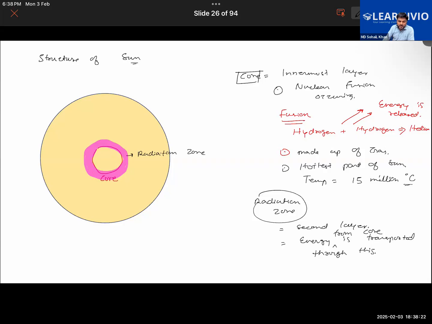Yes, sir. Okay. Now after this, we have another zone that is called the chromosphere. Getting it? So suppose this one is the chromosphere. Not talking about the chromosphere, just one minute.